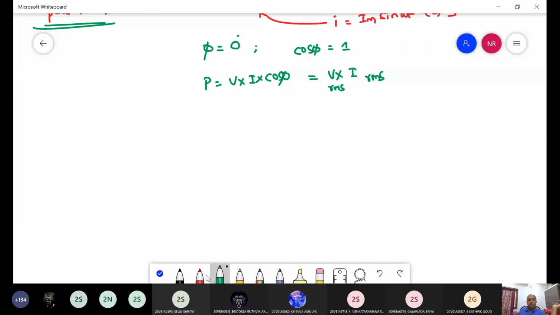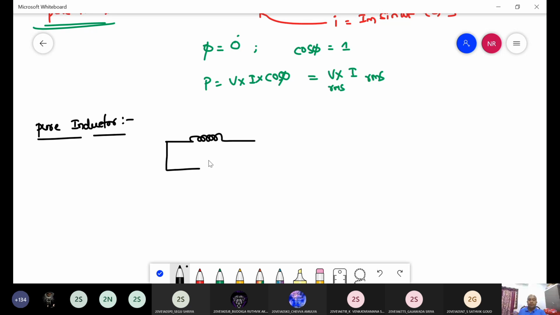Then AC through pure inductor. So what is happening here in AC through pure inductor? I am considering just the inductor. Here you are given AC supply. Then instantaneous current will flow. Then this inductor will store the energy that is consumed.